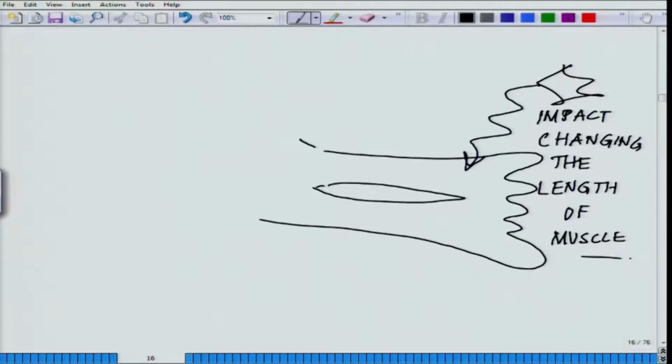Now imagine this to be within the muscle, let this be the sensor element which could sense the change, and we will come to the technical terms afterward.